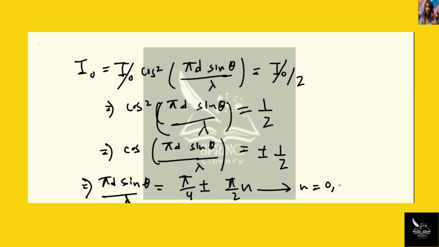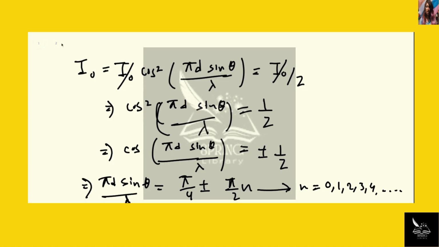So n is 0, 1, 2, 3, 4, etc. Right? So pi d sine theta over lambda is equal to pi over 4 plus or minus an integer multiple of pi over 2.